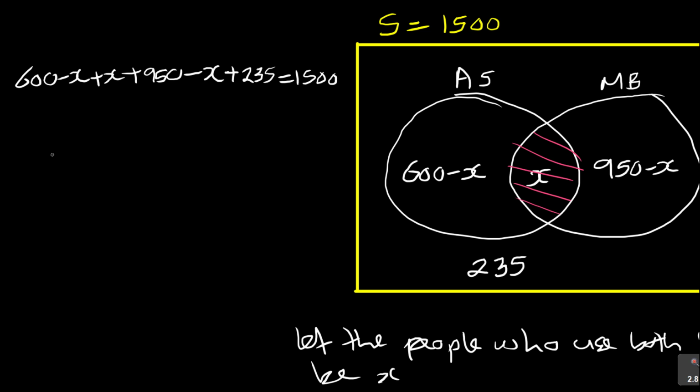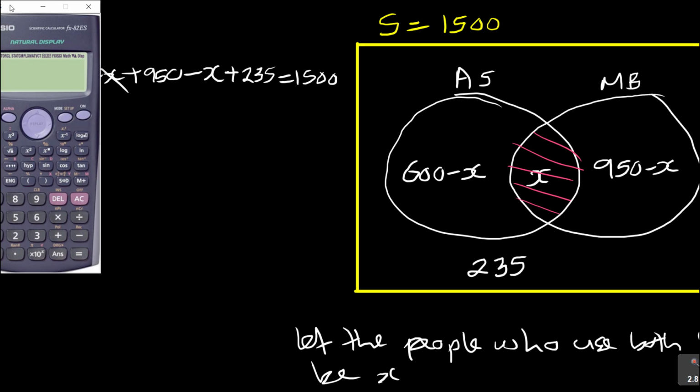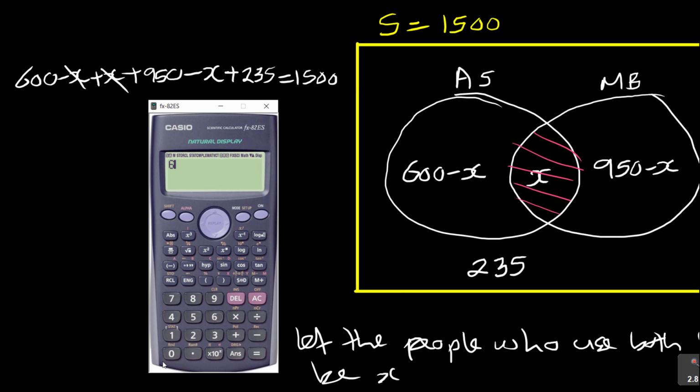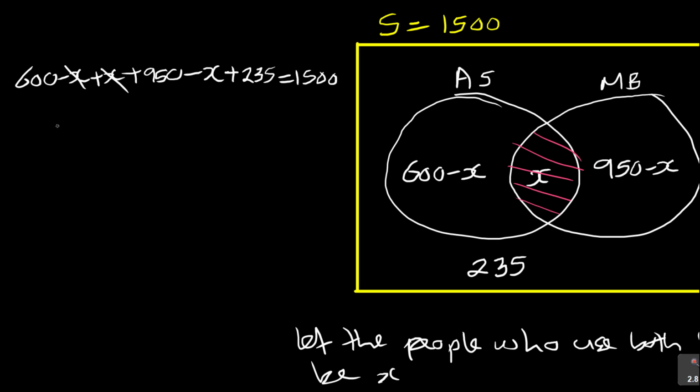That's how it works. Minus X plus minus X, we add that: 600 plus 950 plus 235 is equal to 1785. So 1785 minus 2X, don't forget that, is equal to 1500.